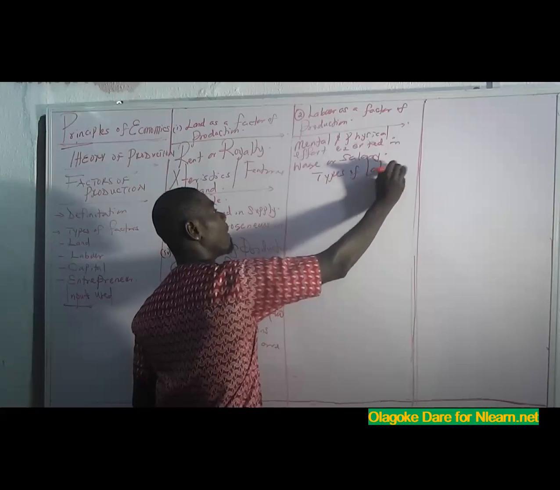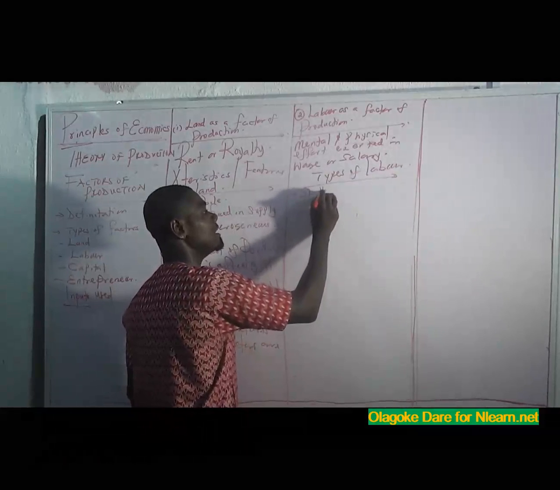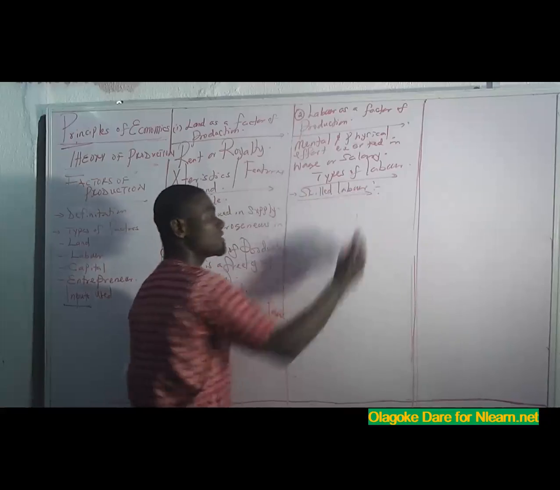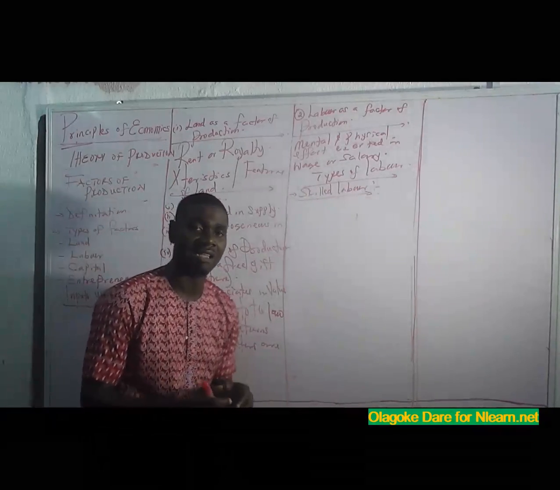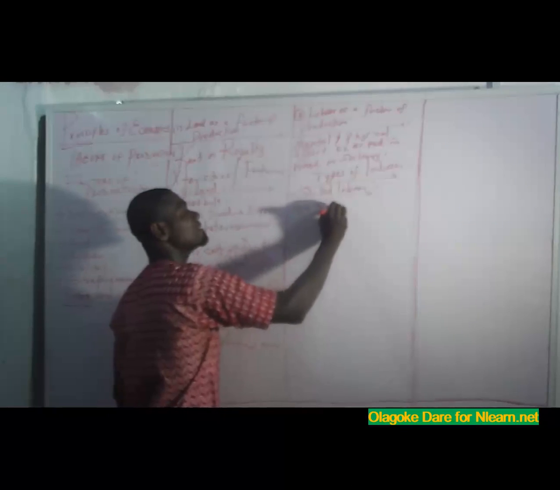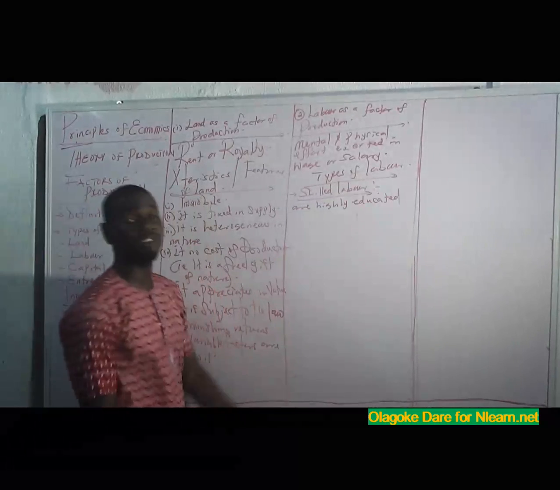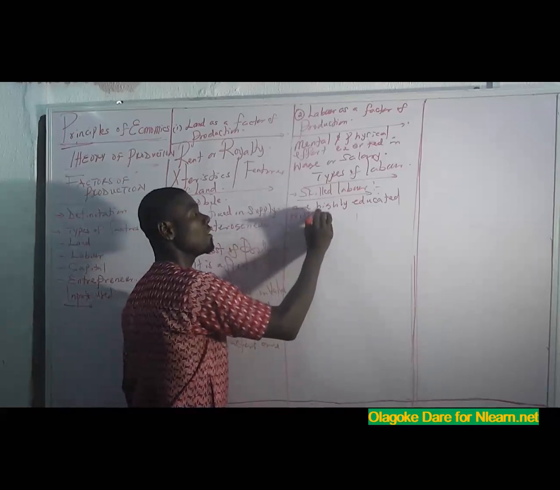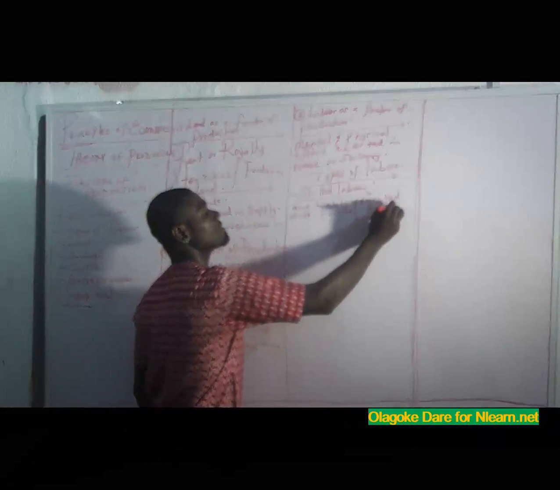Types of labor. What are the types of labor? Number 1, we have skilled labor. Skilled labor consists of workers that are highly educated. When we say workers that are highly educated, workers with formal education.